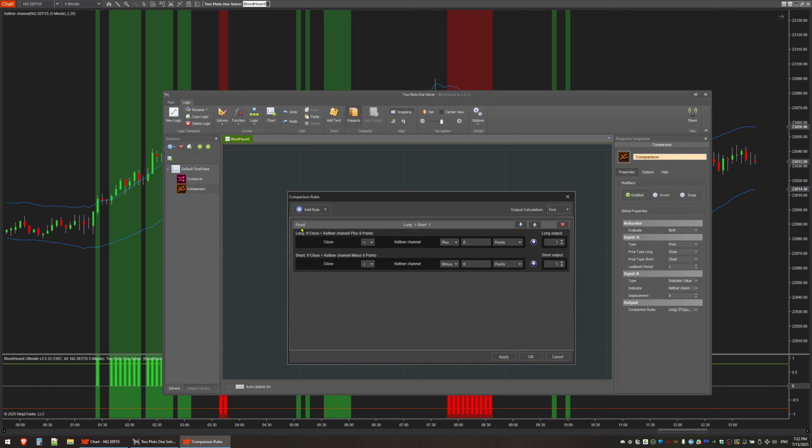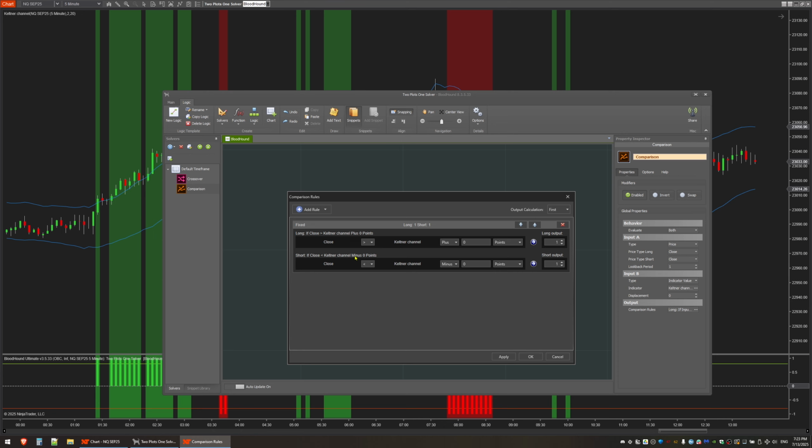okay, for our, remember, this is broken up into rows. Long is this row and short is this row. They're calculated independently. So we're saying for a long, if the close is greater than the Keltner channel. Now remember, there's a little hidden detail here because it's not just the Keltner channel, it is the Keltner channel only on the plot that we picked for long.